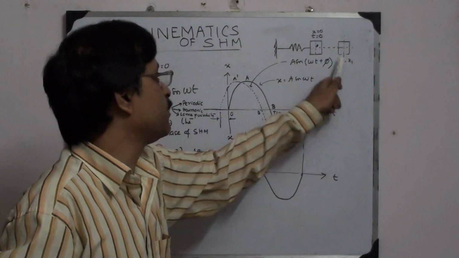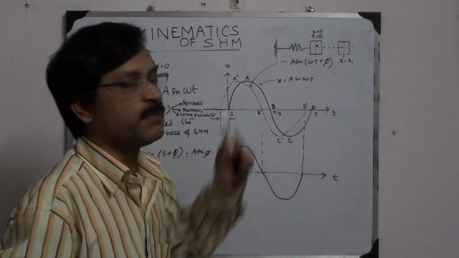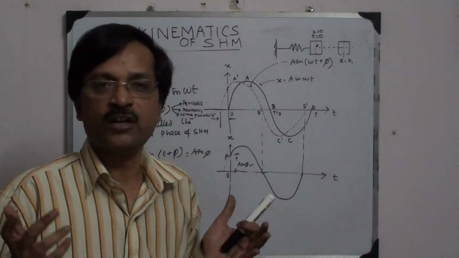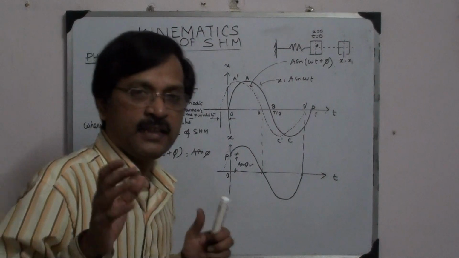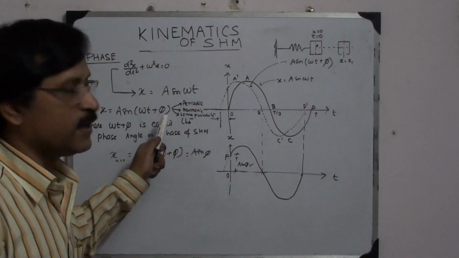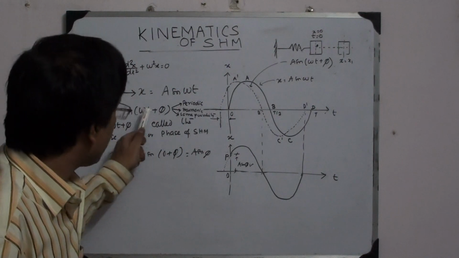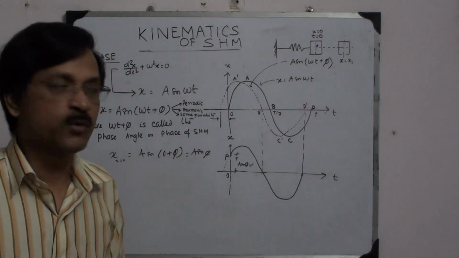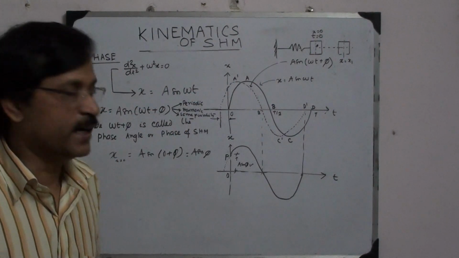We want to describe the motion of this mass which is slightly ahead of this one. How do you do it? Because for that mass at t is equal to 0, x is not 0, x is equal to x1. In that case, the equation that is to be referred to is this. In fact, x is equal to a sin omega t plus phi is a more generalized solution of simple harmonic motion compared to a sin omega t.